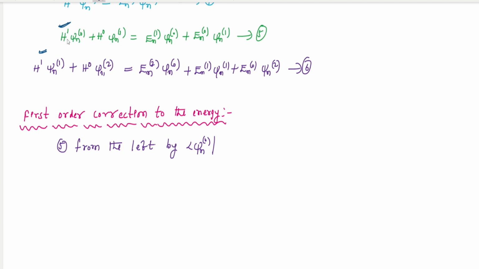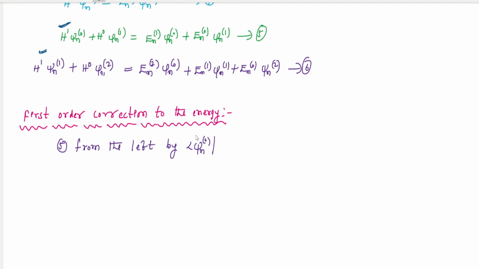If you change the position of an operator, the sign will change. Especially when the operator is there, here this is the Hamiltonian operator, and this is the energy scalar. If you change the scalar's position, there is no change. So while multiplying the bra vector here, don't change the Hamiltonian.